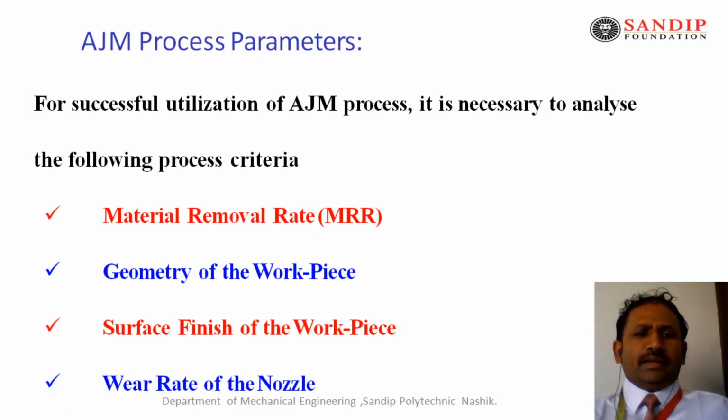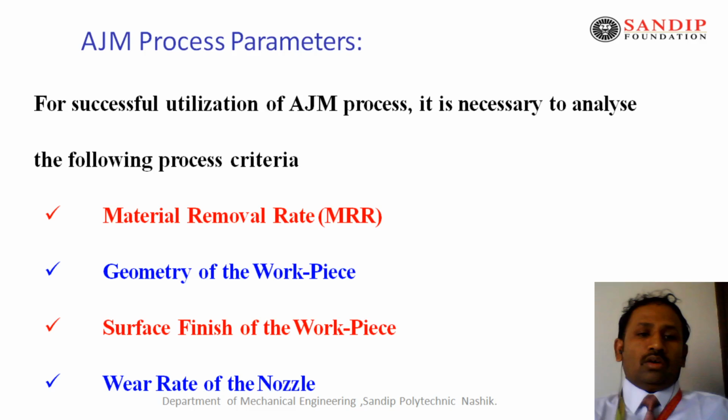Now, sometimes a question may be there to write the process parameters of abrasive jet machining. For successful utilization of the abrasive jet process, it is necessary to analyze the data. First one is material removal rate, that is MRR.